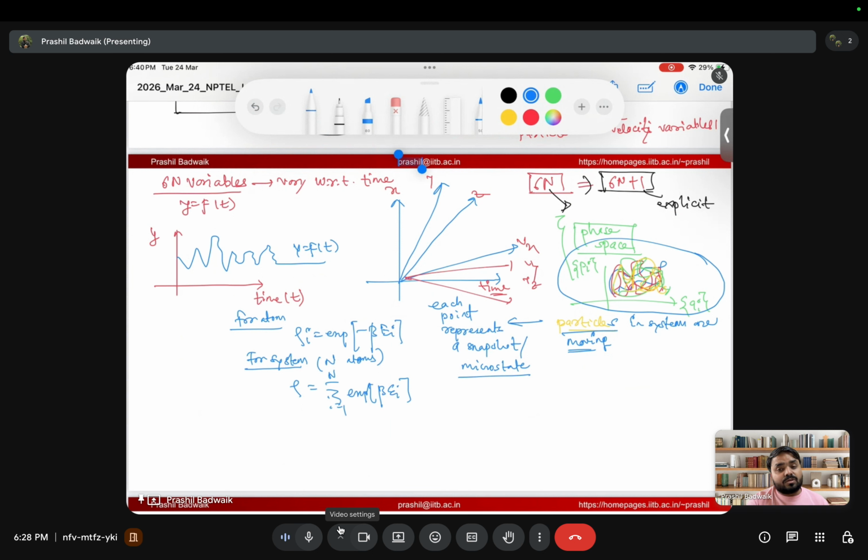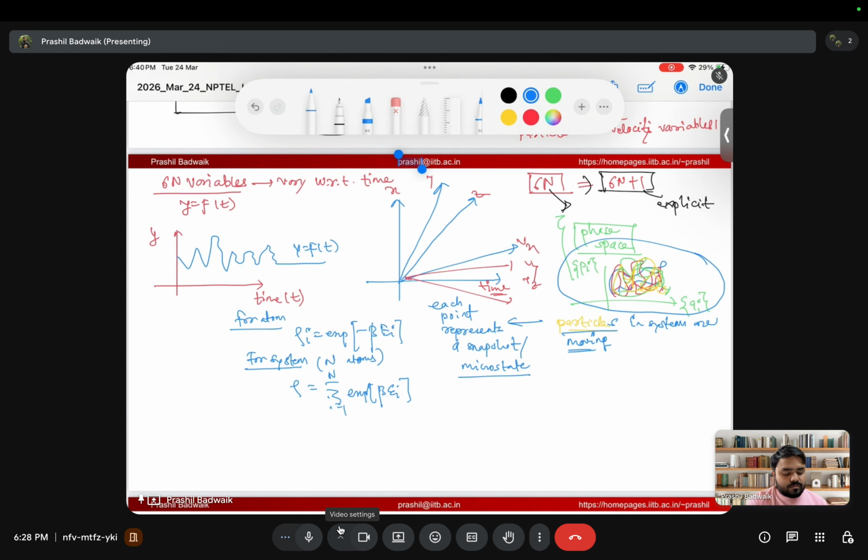So it gives you a value. That value represents, okay, for a system to exist in that particular state, what is the probability density, right?